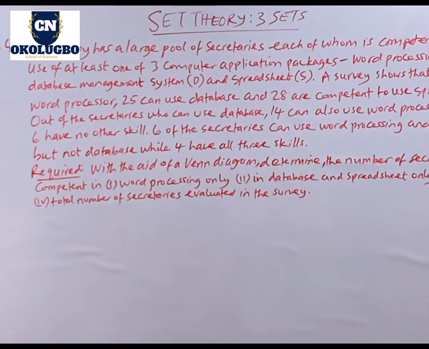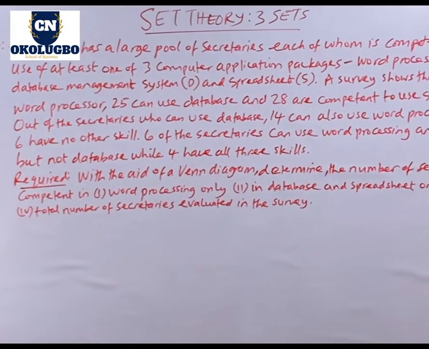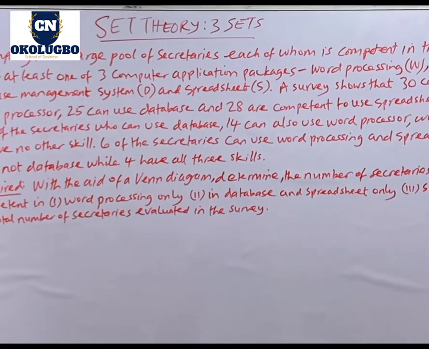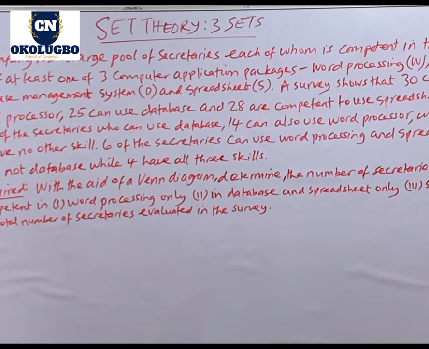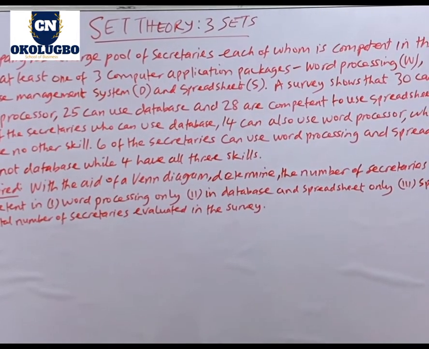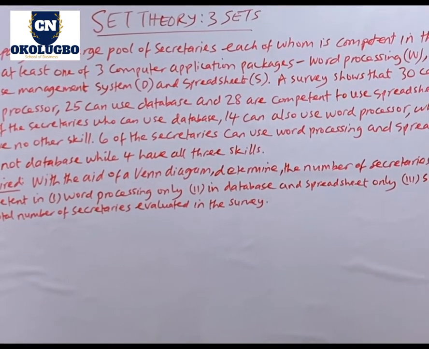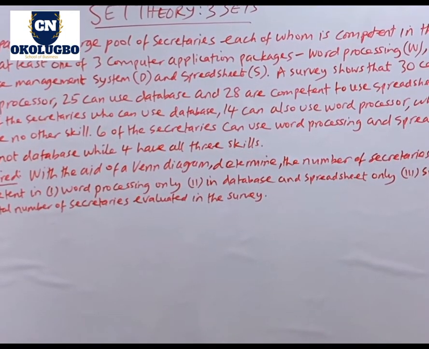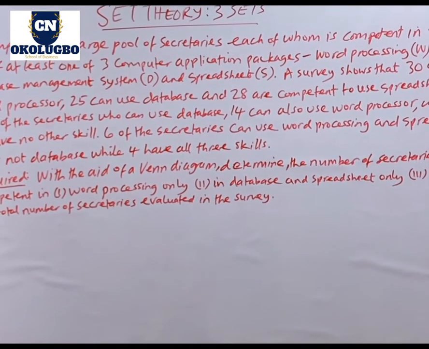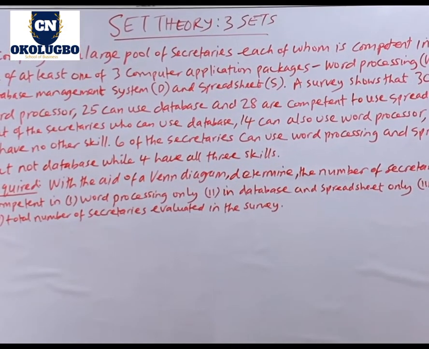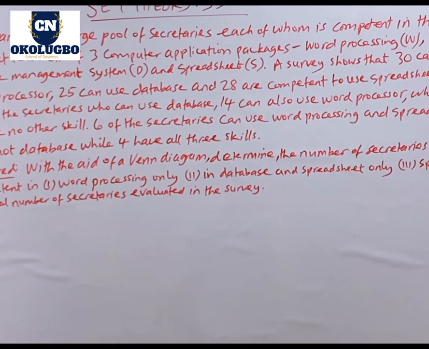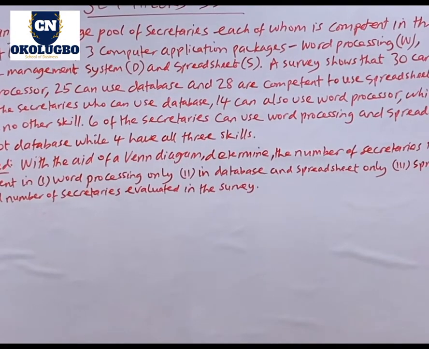The question is, a company has a large pool of secretaries, each of whom is competent in the use of at least one of 3 computer application packages. We're talking about Word, database management, and spreadsheet. A survey shows that 30 of these secretaries can use the word processor, 25 can use database, and 28 are competent to use spreadsheet.